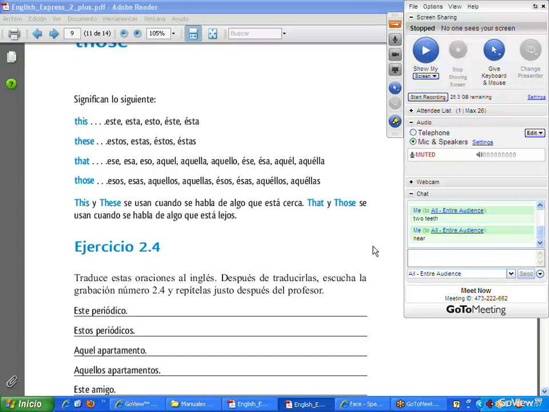Okay? So, here are some examples. You can say, this is good. This is good food. Yum yum.